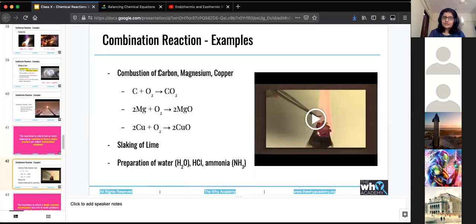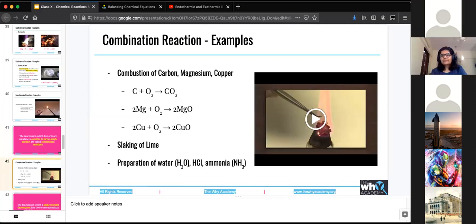Example, combustion of carbon is combination. Why is combustion of carbon a combination reaction? Raghav? Oh, Raghav got disconnected.